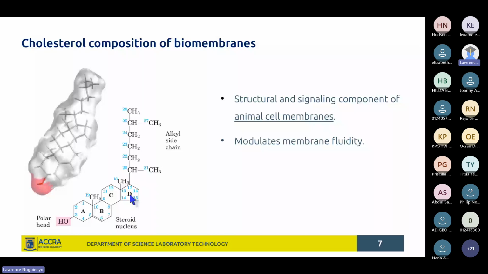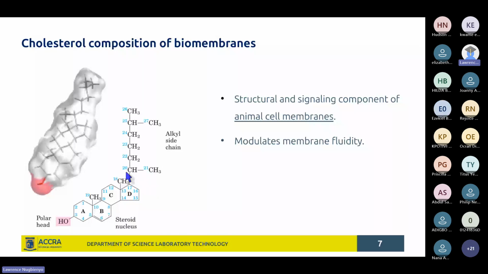And you have a side chain on that last five-sided ring. And it is actually this alkyl side chain which is different for different sterols. So that is what distinguishes the different sterols that we have. But the steroid nucleus is constant. That's what you find in all the sterols.